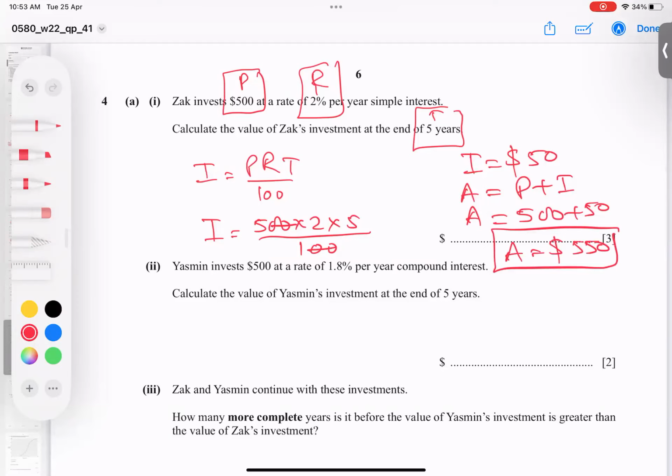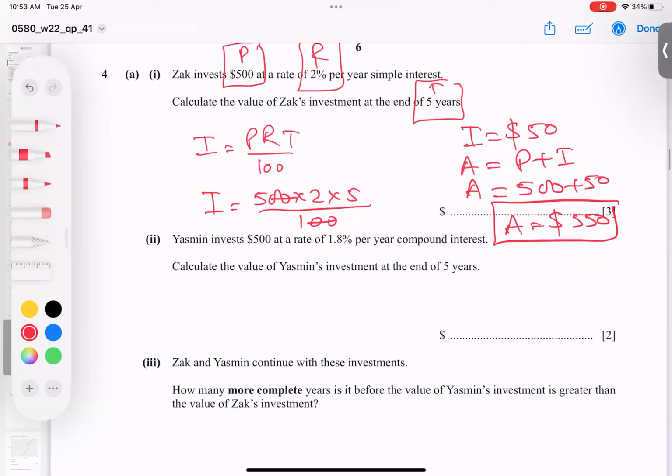So I hope this part is also clear. Let's go for the other one, compound interest. He mentioned it himself. And 500 again, this is P for principal, R is the rate of interest, and again time is 5 years. So the formula is A equals P times (1 plus R over 100) to the power 2T. So I'm applying the formula.